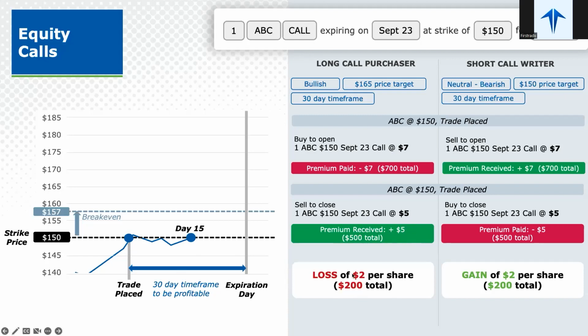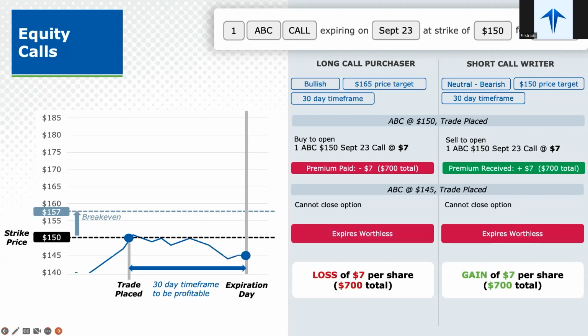There'll be a loss of 200. And if the short call writer said, you know what, it stayed where it was, it did it with 2 weeks to go, I'm going to go ahead and capitalize on that time that's depleted and buy to close my option at a cheaper price at 500 and have a gain of 200 total. So you can see there how the time value benefits one side and not the other.